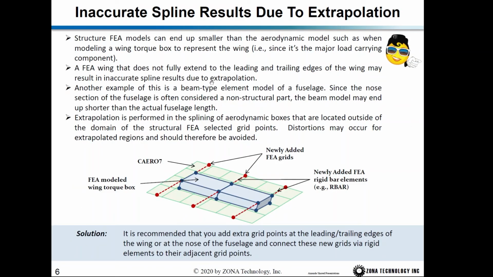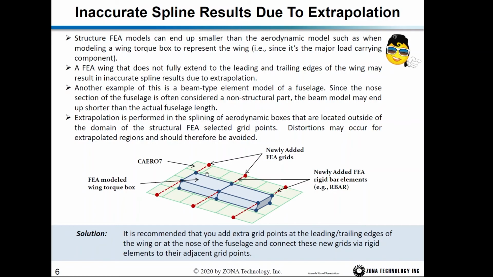Also, you want to avoid extrapolation. Such a finite element model can end up smaller than the aerodynamic model, such as when modeling a wing box to represent the wing structure. Structurally, you only model the wing box, because the wing box is the major load carrying component, and you don't model the leading edge flap and the trailing edge flap.